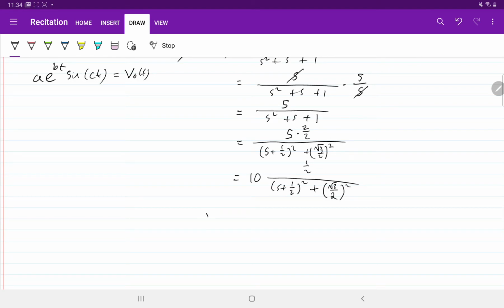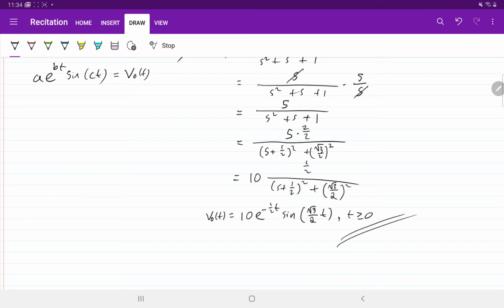So in time domain, v0 of t is 10, and then e to the power minus 1 half t, and then sine of square root of 3 over 2 t, for t greater than or equal to 0.